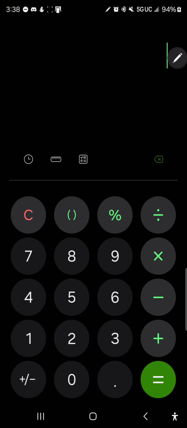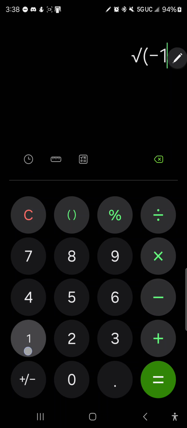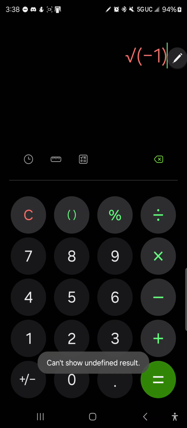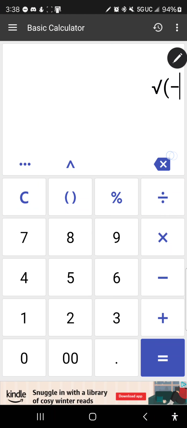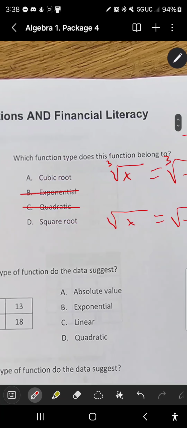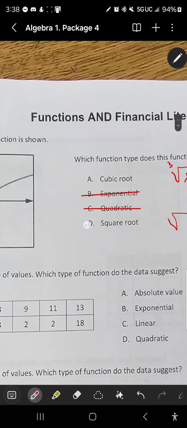If you use another calculator and say the cube root of -1, you get the answer. That's the reason I know it's not a square root, but it is a cubic root.